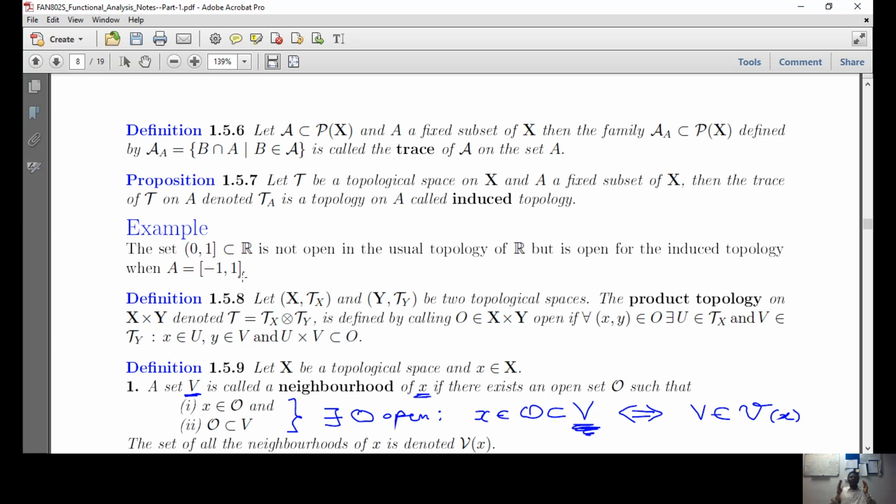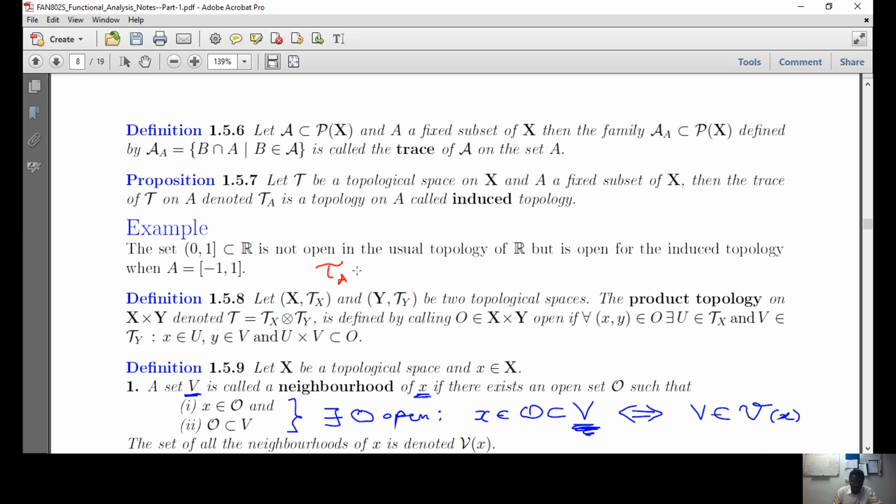Now, what is an open set for a topology? We know that an open set for a topology is an element of the topology. Here we define our T sub A for this case, so any element of T sub A will be called open. So is this an element of that? Let's look at that and see.